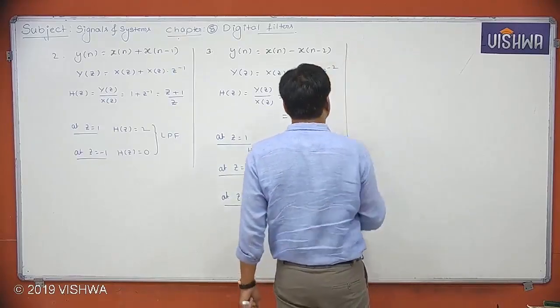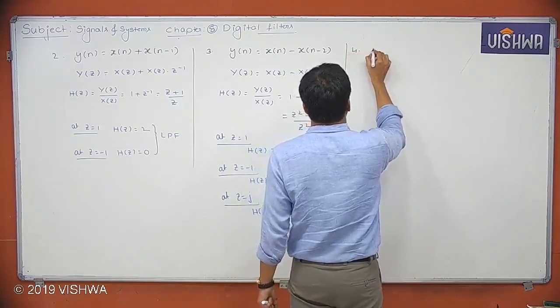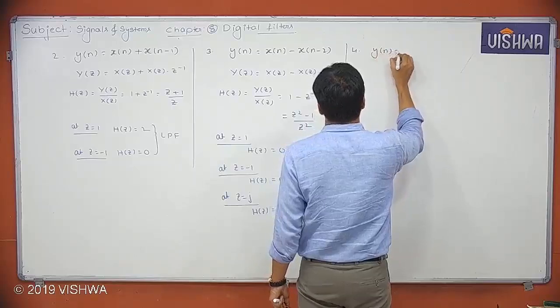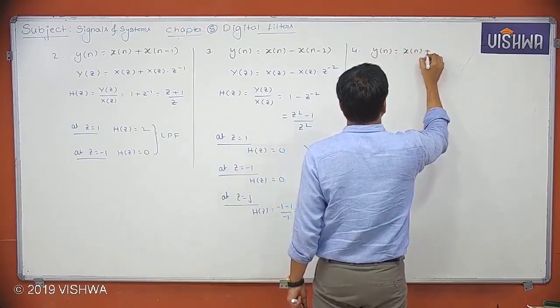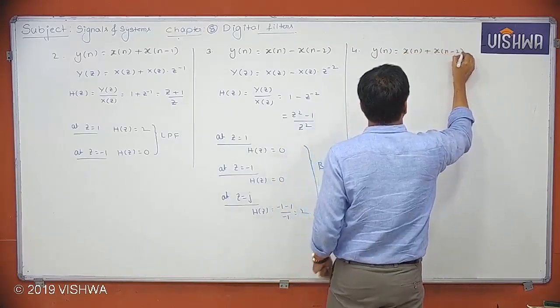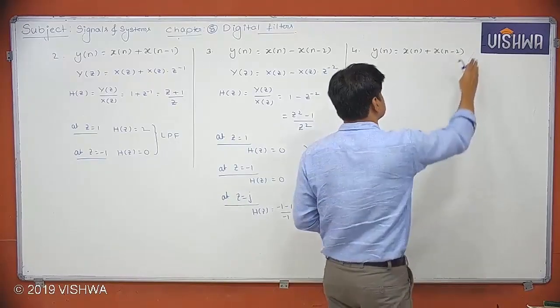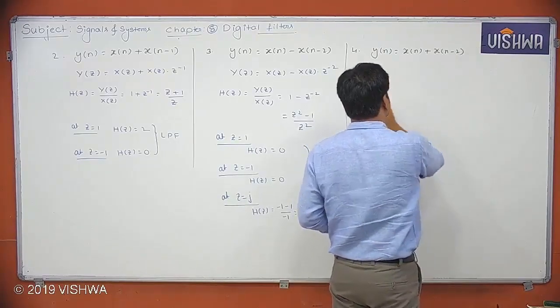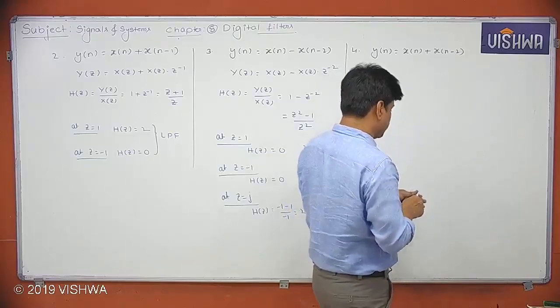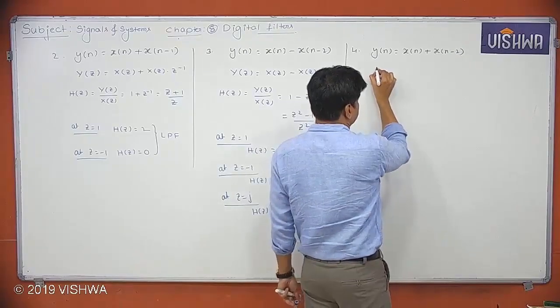Fourth one. y of n is equal to x of n plus x of n minus 2. What kind of filter is it? Again, H of z I am trying to find out.